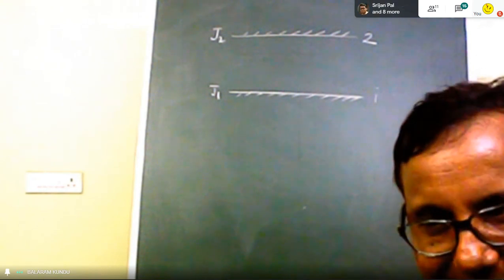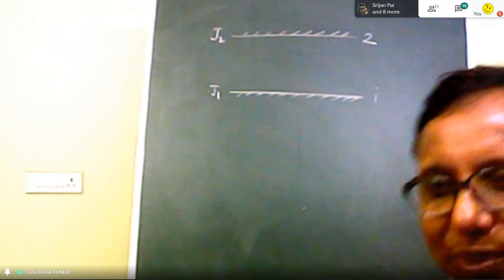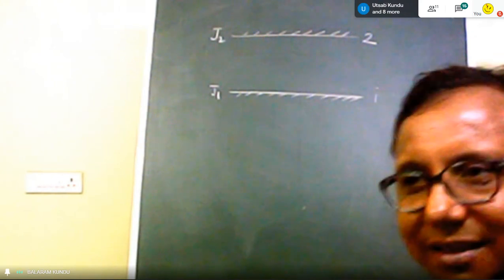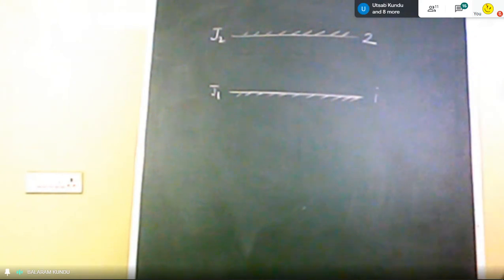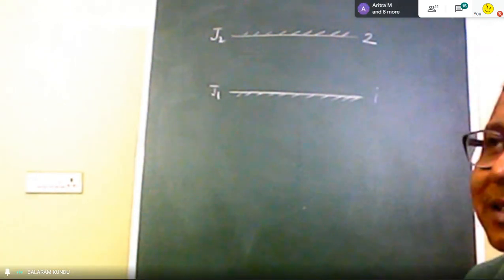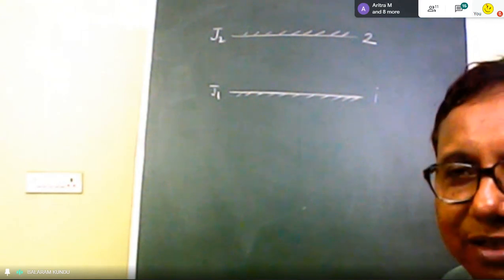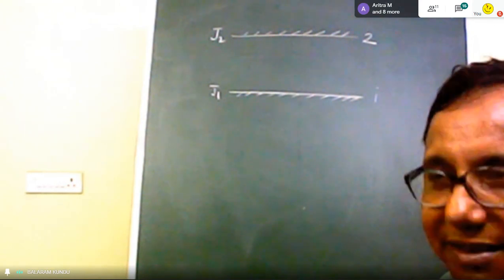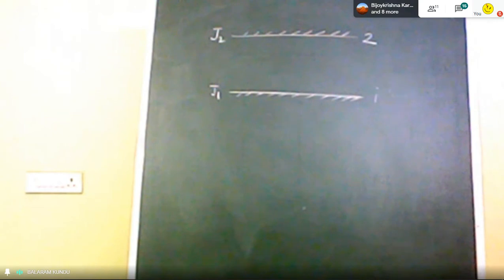View factor, or configuration factor, means the fraction of energy leaving one surface that strikes the other surface directly. So the view factor or configuration factor is required to determine heat exchange between two surfaces.